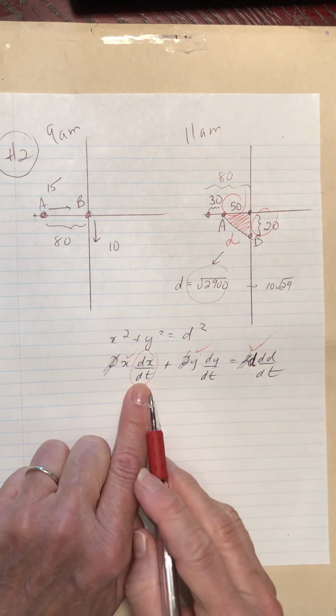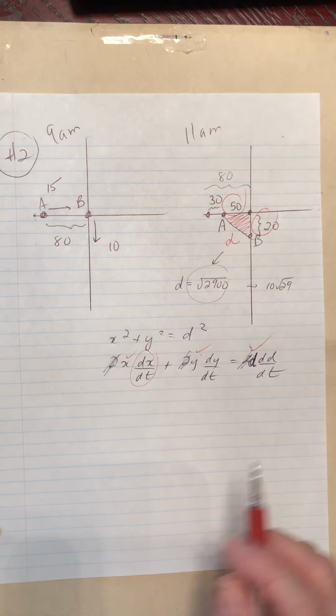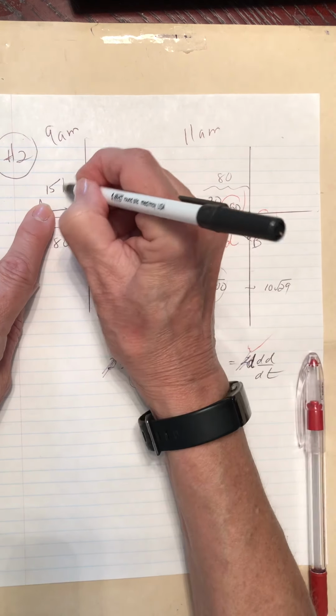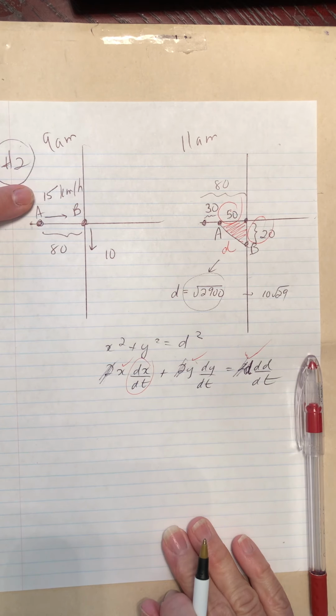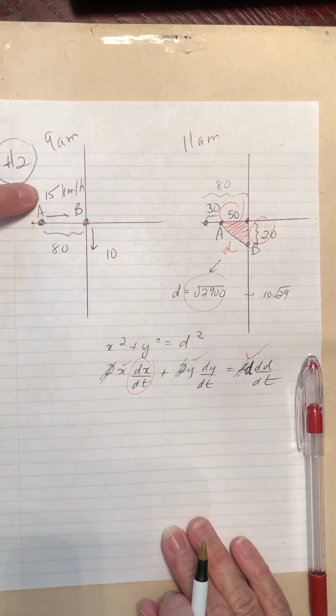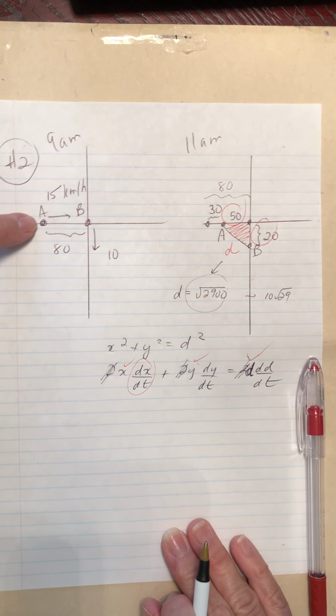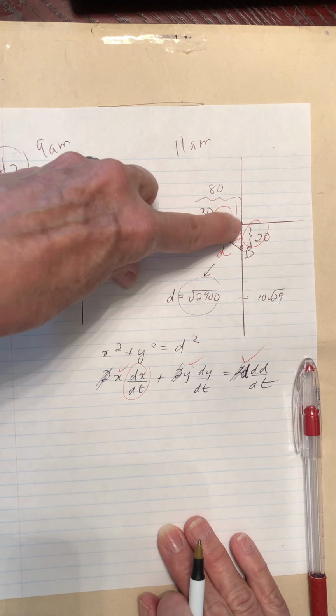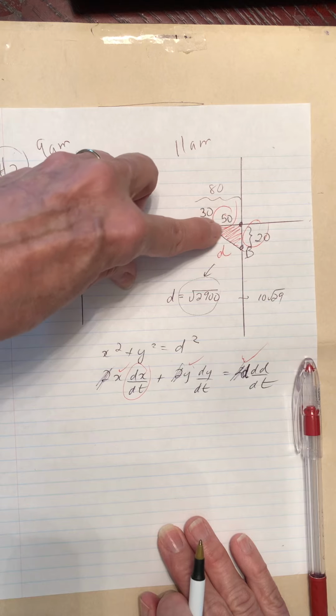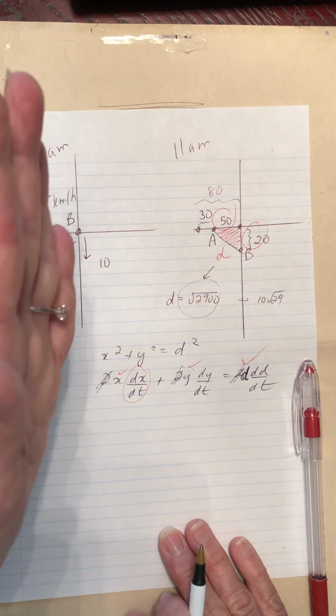Do I have the rate of how this was moving? Yes, it was. 15 kilometers per hour. Now, is that 15 a positive 15 or a negative 15? As this A person was in motion, as it kept going in motion, was this side of the triangle increasing or decreasing? It's decreasing, right?